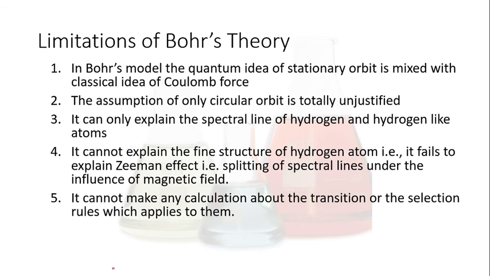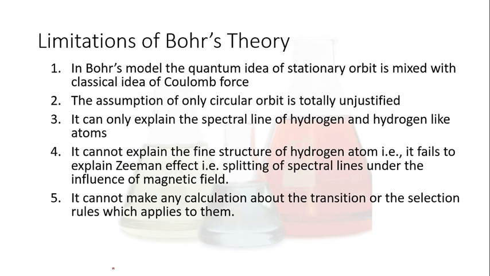The next is the assumption of only circular orbit is totally unjustified. The next is it can only explain the spectral lines of hydrogen and hydrogen-like atoms and not the other atoms except hydrogen.